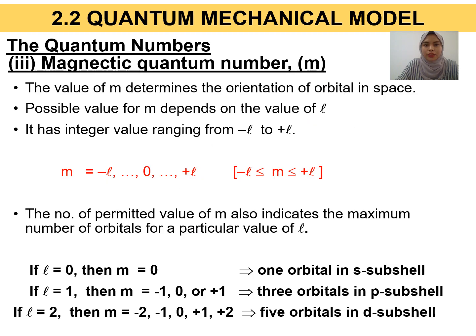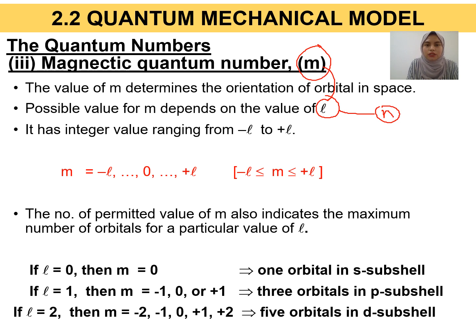The next thing that you need to know about the quantum numbers is the magnetic quantum number m. The value of m determines the orientation of the orbital in space. How do you know the value of m? The value of m depends on the value of L, and the value of L depends on the value of n. They are related to each other.